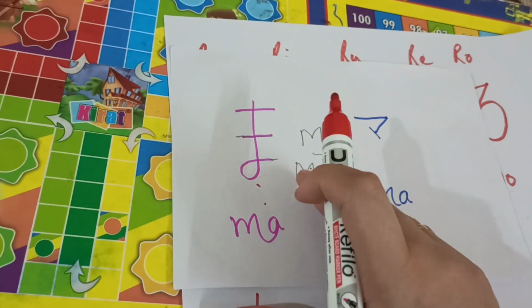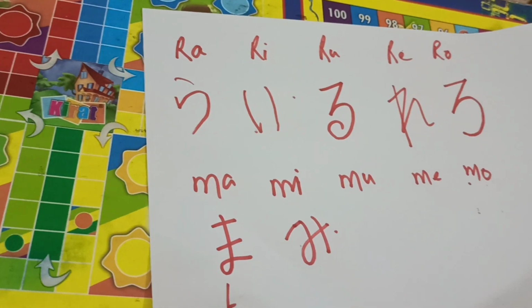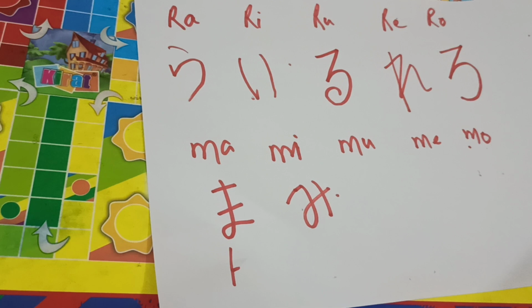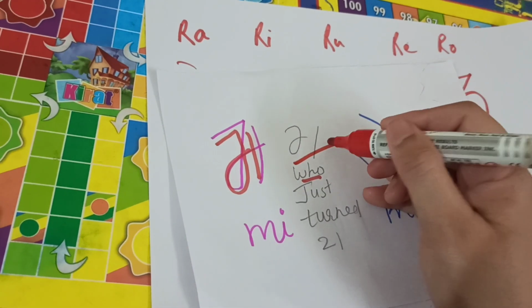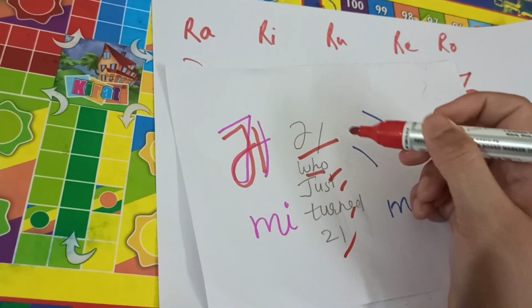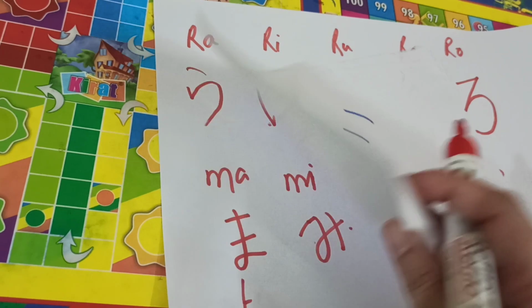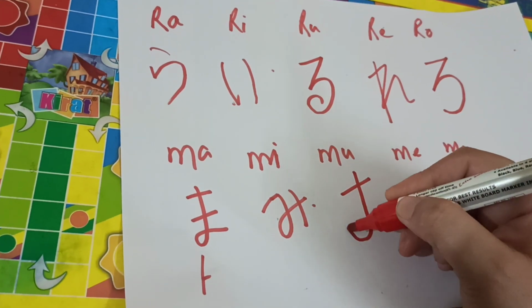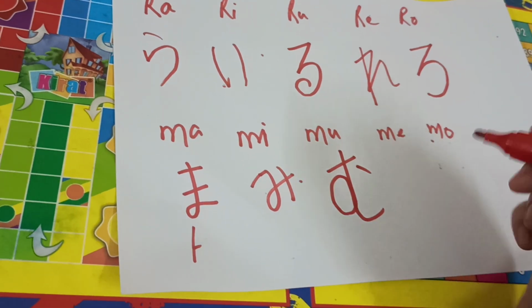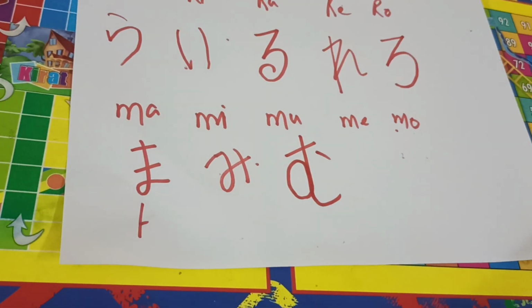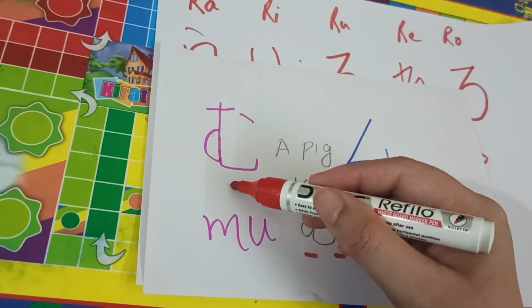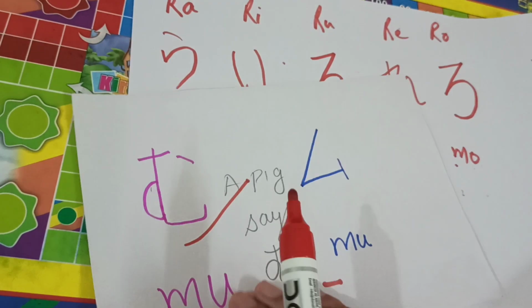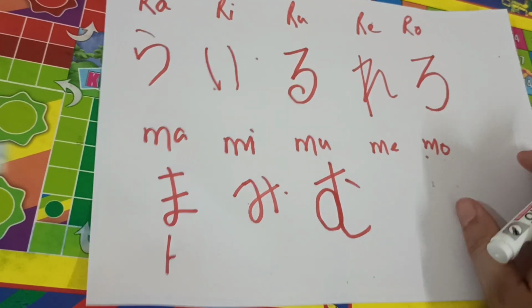Mi looks like 21. So, me who just turned 21. Mi. Next is mu. Mu. A pig says moo.